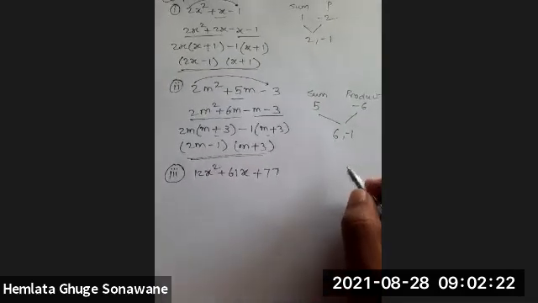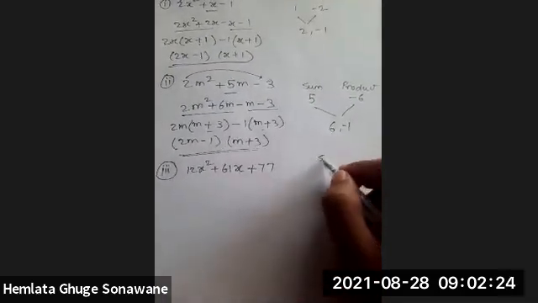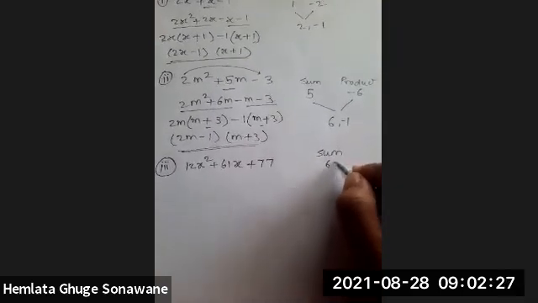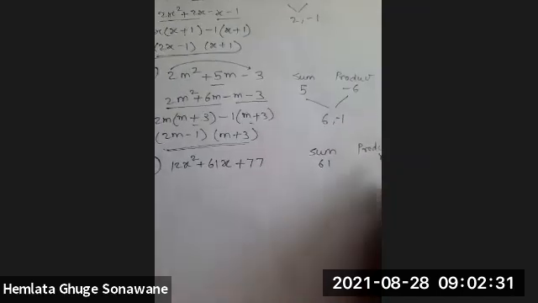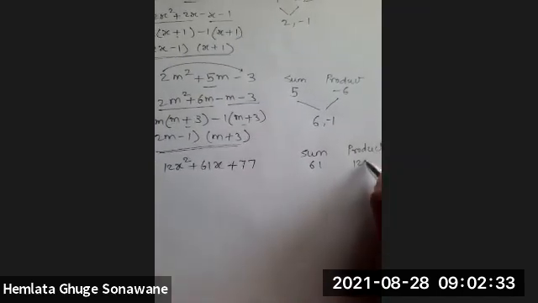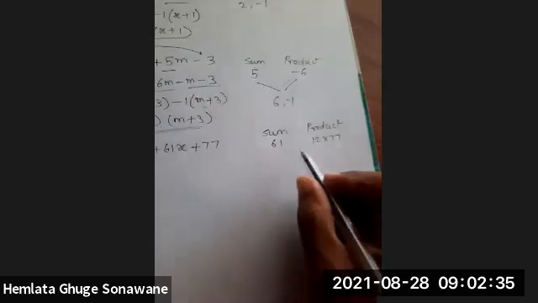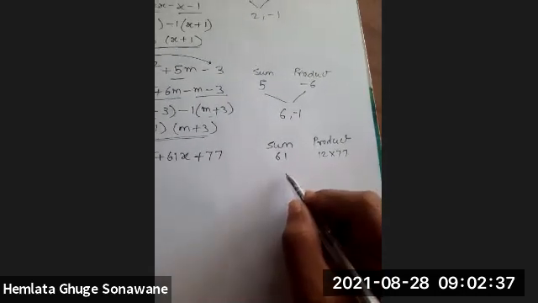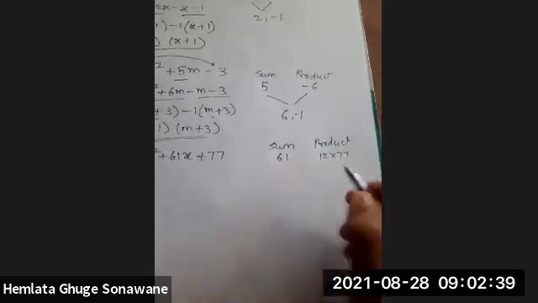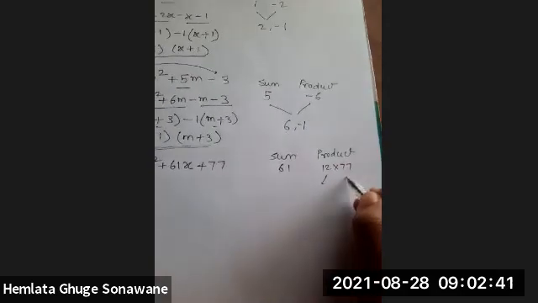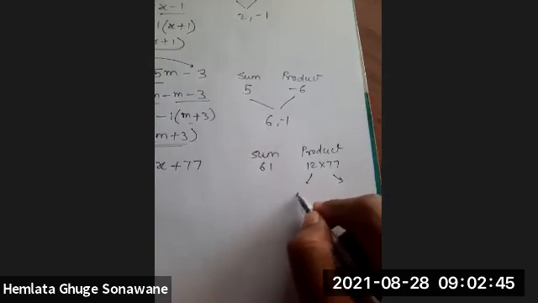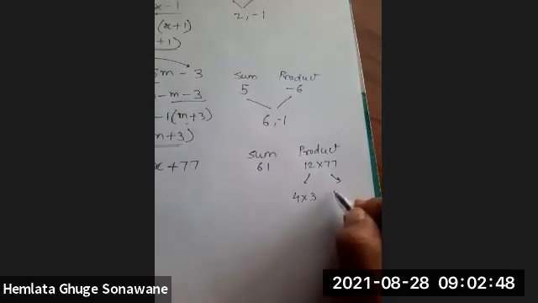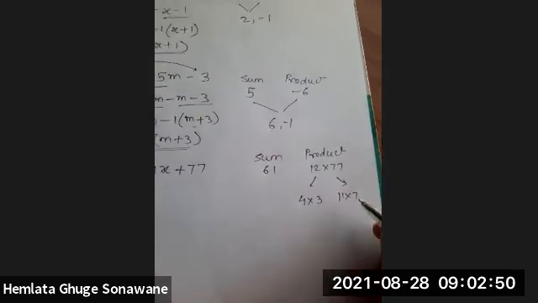Now here the sum will be 61 and the product 12 into 77. Now we'll split these terms. This 12 and 77 we will simplify: 4 threes are 12 and 11 sevens are 77.